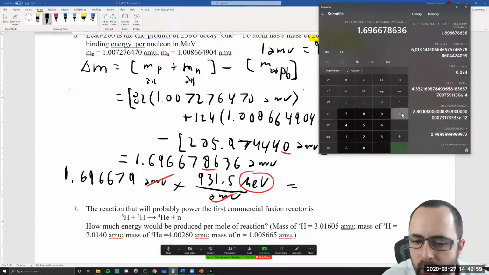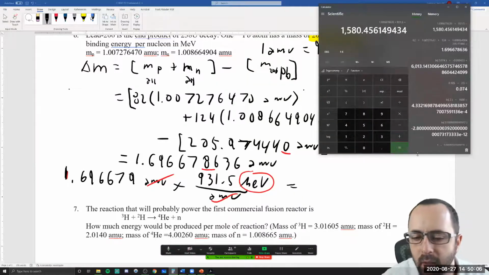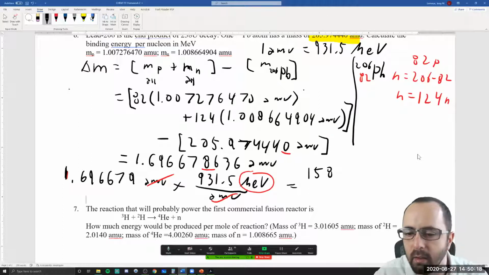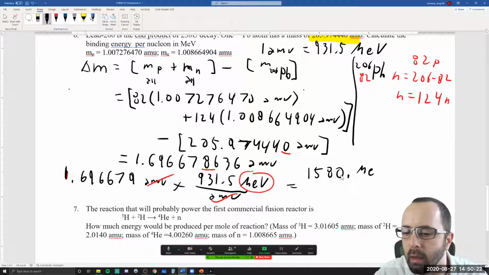So we'll do times 931.5. And at this point, because we used a limited conversion factor, I guess we only have 4. We could have gotten a better conversion factor here, but this is fine. We're going to say 158, we'll round off to 0, 1.580 mega electron volts.